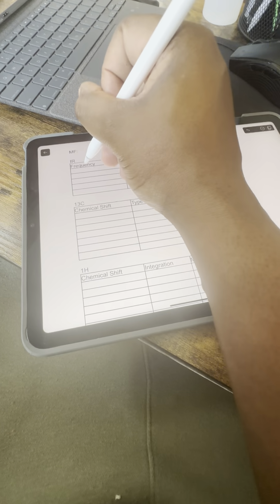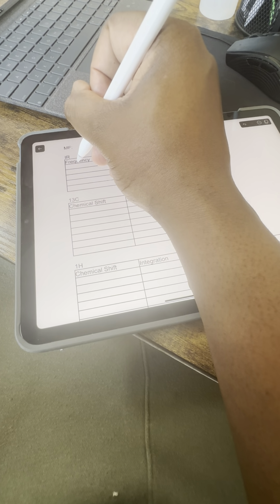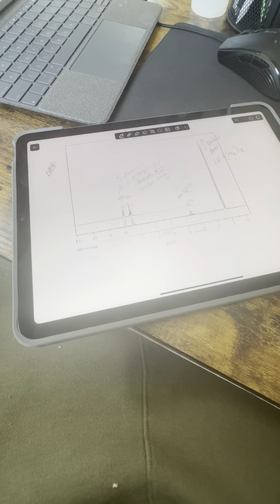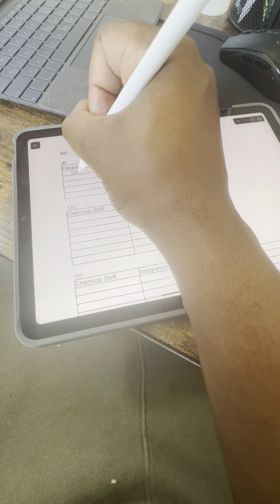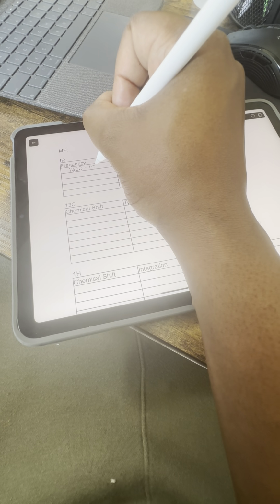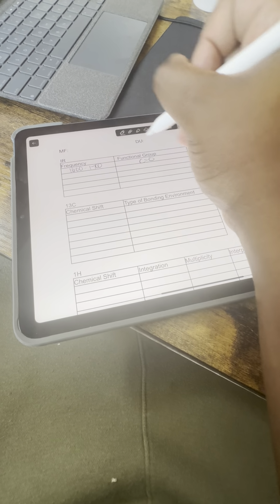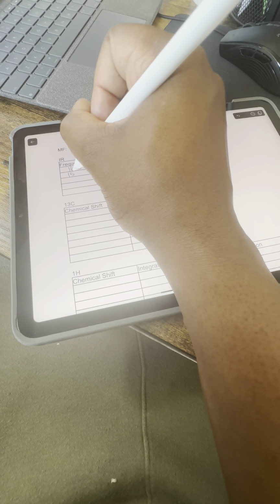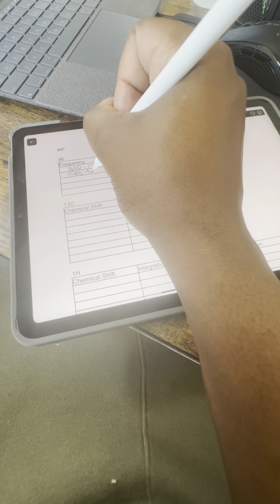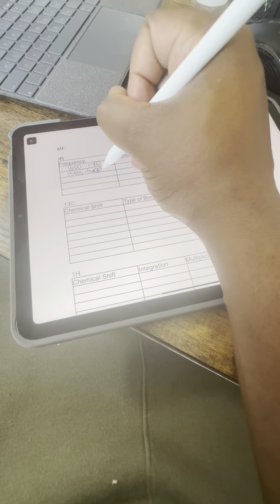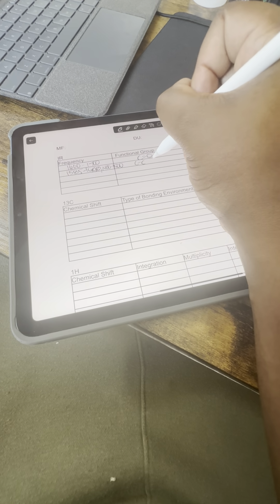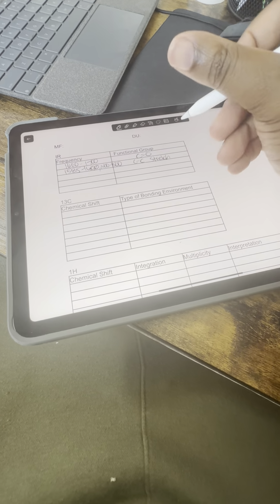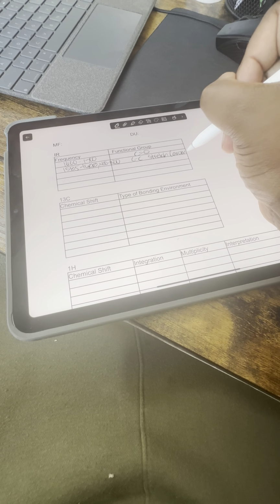Give me a second while I fill this out. So for the IR, between 1600 and 1700, we saw the C=O bond. Between 1585 and 1600 and 1400 to 1500, we saw the C=C stretch, and we said that was aromatic.